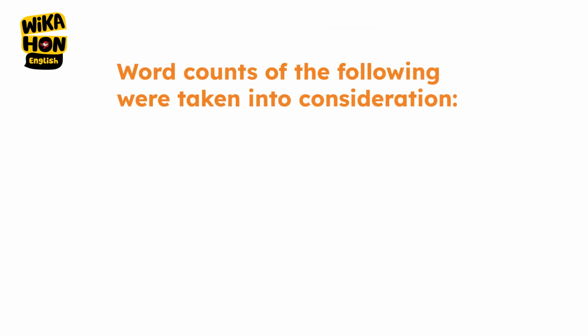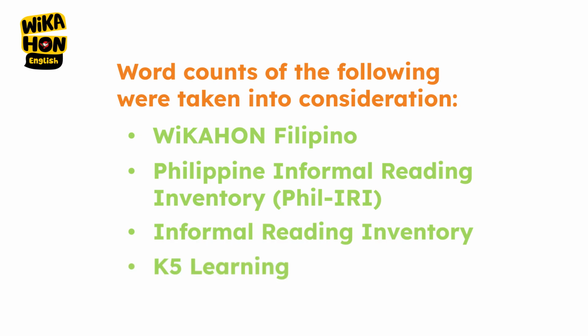The determination of the word count from English Pre-A to B took into consideration the word counts of selections used in local materials such as WiKAHON Filipino and the Philippine Informal Reading Inventory or Phil-ERI, as well as foreign materials such as the Informal Reading Inventory and K-5 Learning.